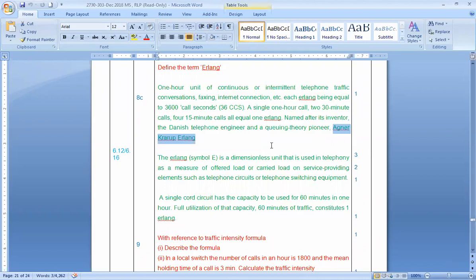Erlang has the symbol E, and it's a dimensionless unit. Why do I say dimensionless? Because the numerator and the denominator have the same unit, so it becomes dimensionless.